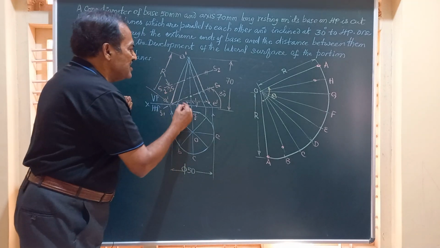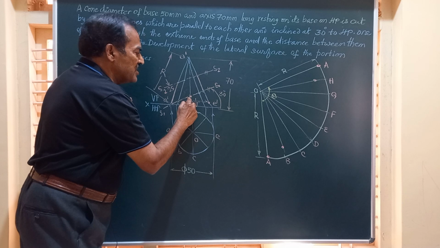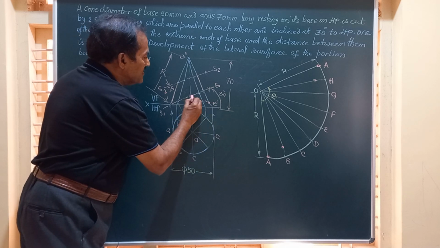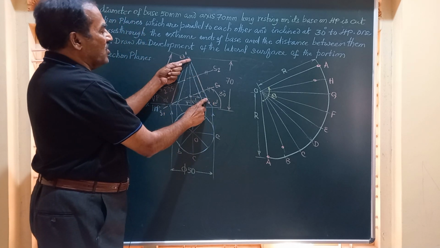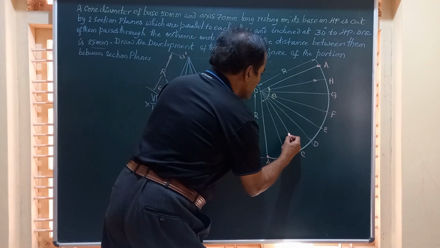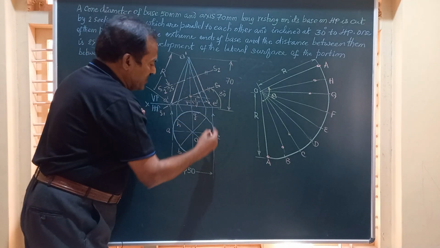Then friends, you can see the section plane is cutting OC and OG here. It is again not the true length. Shift that to the last line, last generator. Mark that distance on OC and OG. So this is OC and this is OG. Friends, next OD and OF.